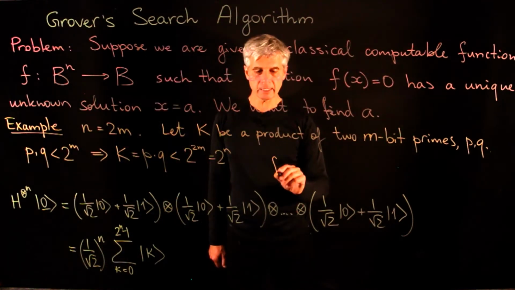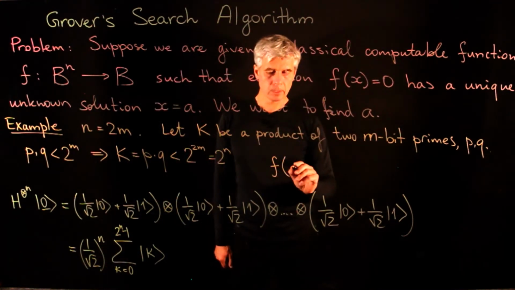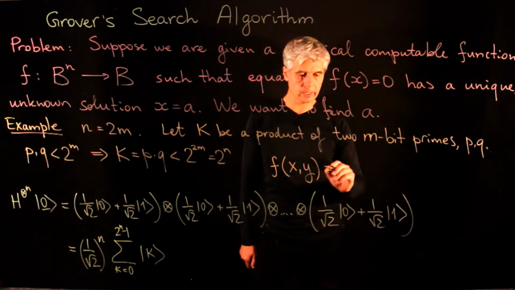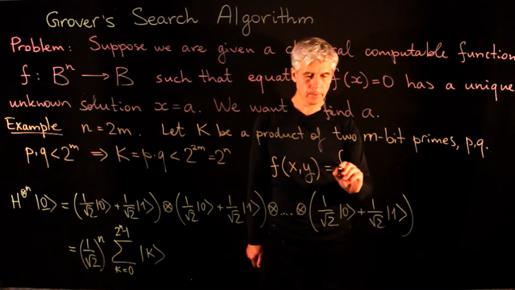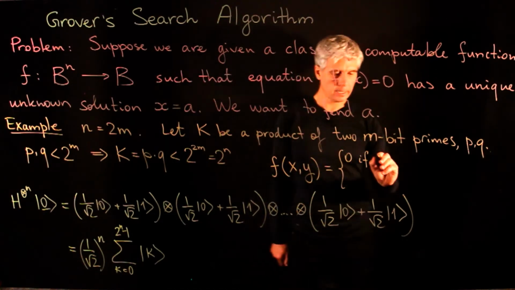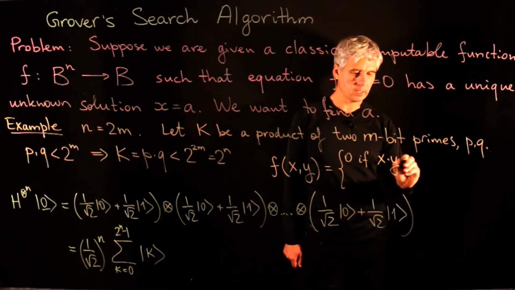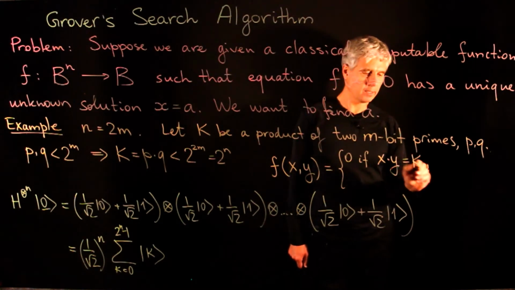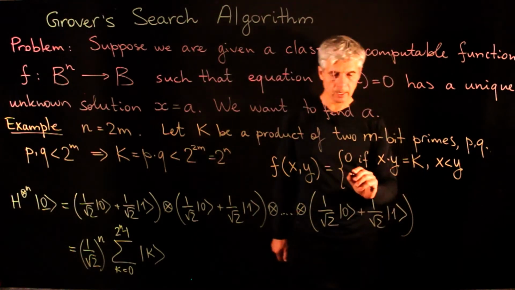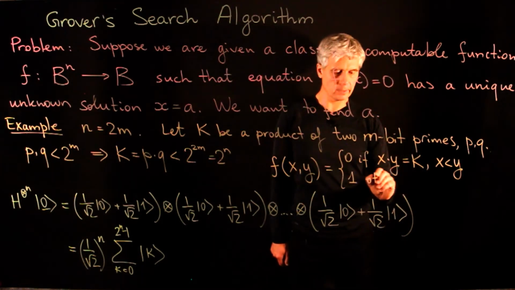And let us consider the following function. f of xy is equal to 0 if x times y is equal to k and x is less than y, and it is 1 otherwise.